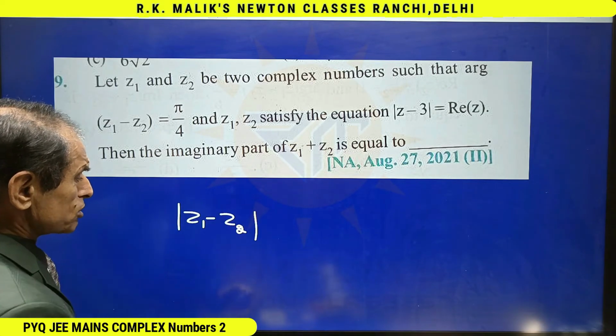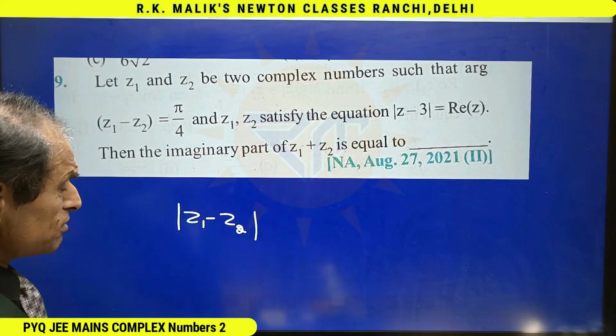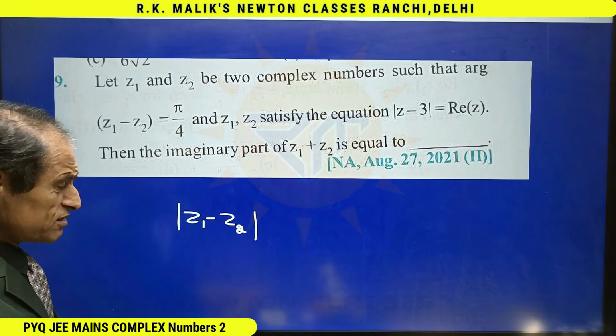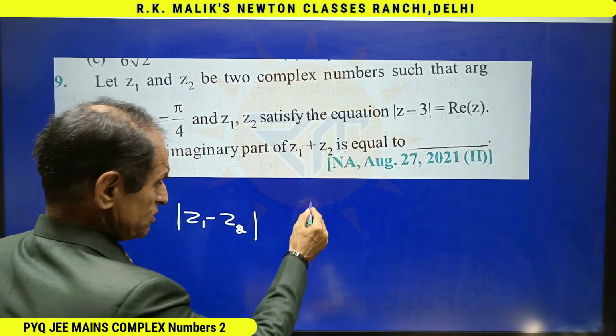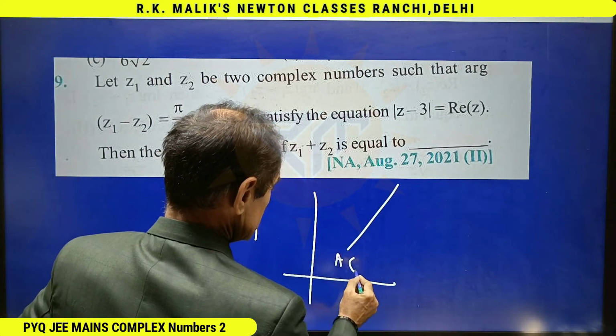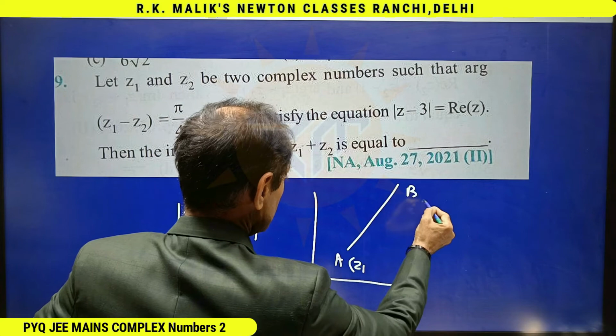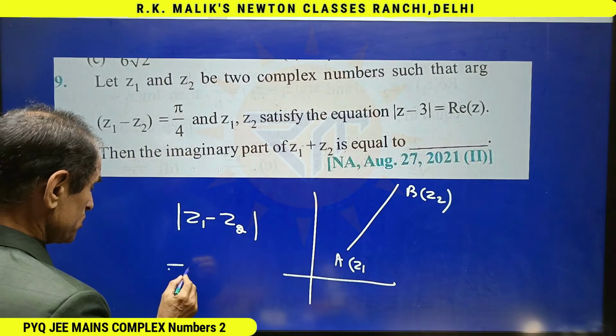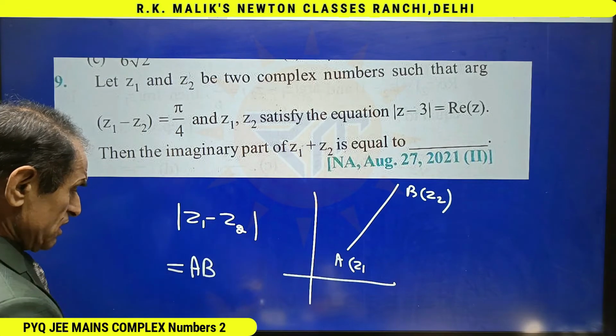Mod of Z1 minus Z2 means the distance between the 2 points whose affixes are Z1 and Z2. That is, if this is the point A, Z1, this is the point B, Z2, mod of Z1 minus Z2 means distance AB.